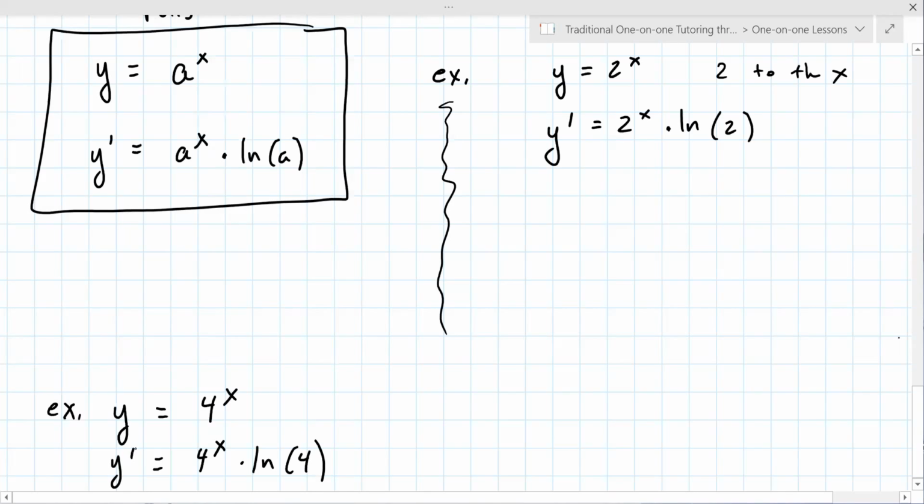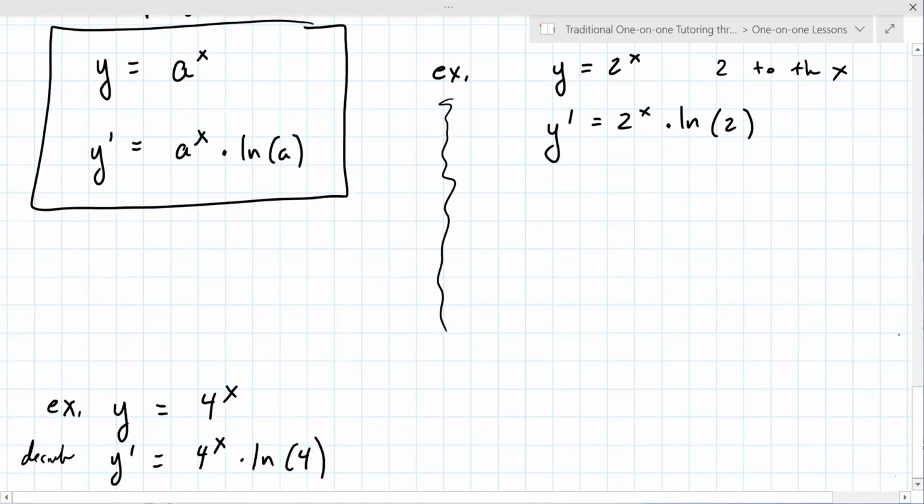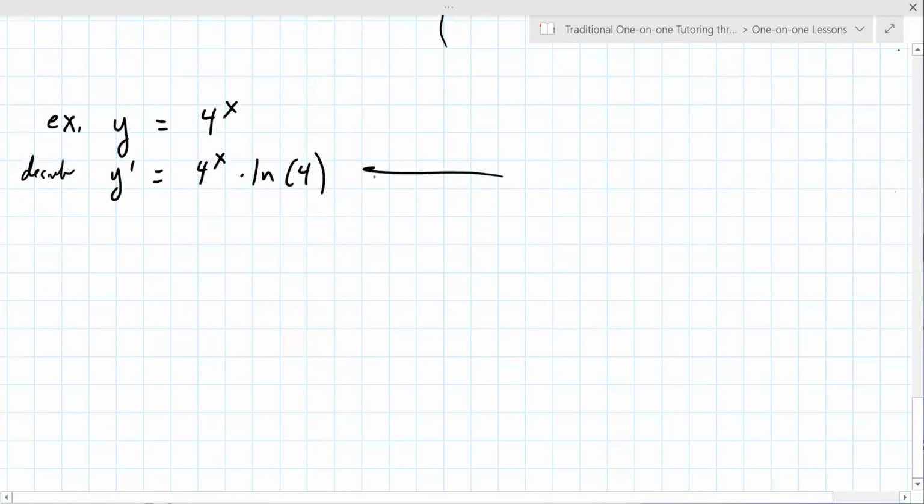This is y prime, the derivative here. Am I supposed to calculate this further? No, this line is correct. You're done. You're finished. There's nothing more to do.